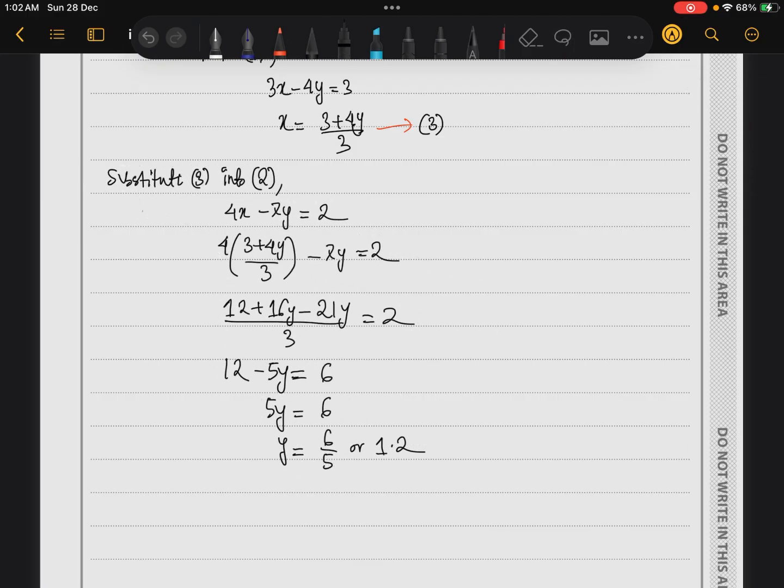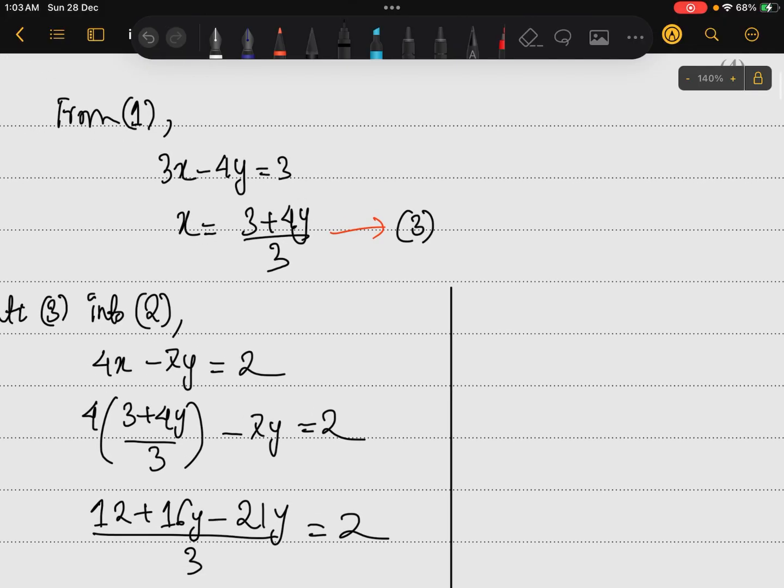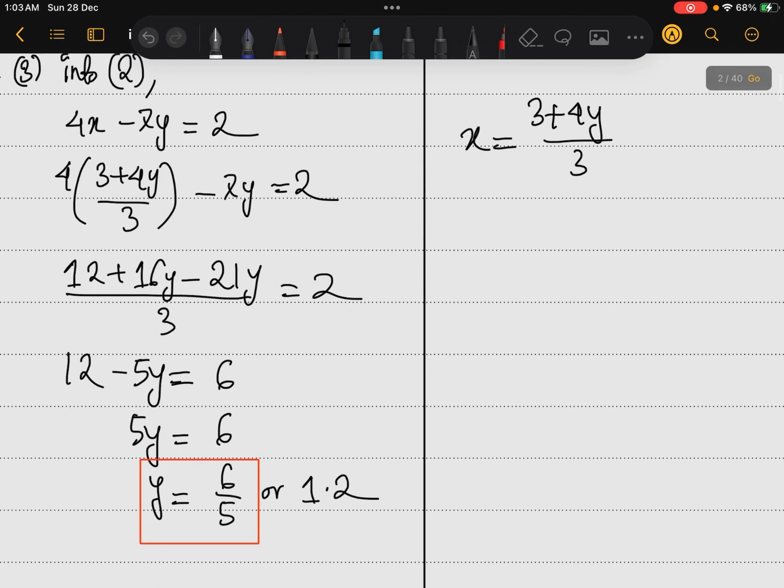Now we have to find the value of x. We already know the value of y. So what we are going to do is substitute the value of y in the equation number 3, or the x variable equation, where x is our subject. So x is equals to 3 plus 4y by 3, and then we put the value of y just right here.